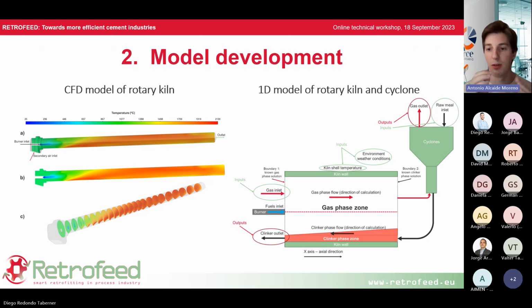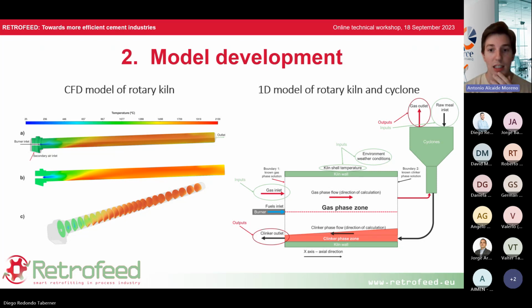This very detached flame is due to the low quality of the refuse-derived fuel, which has to be very well mixed with all the air and all the pet coke to start burning. Therefore, we find detached flame and also moved peak temperatures compared with the typical combustion of fossil fuels profiles that we can find in older kilns.